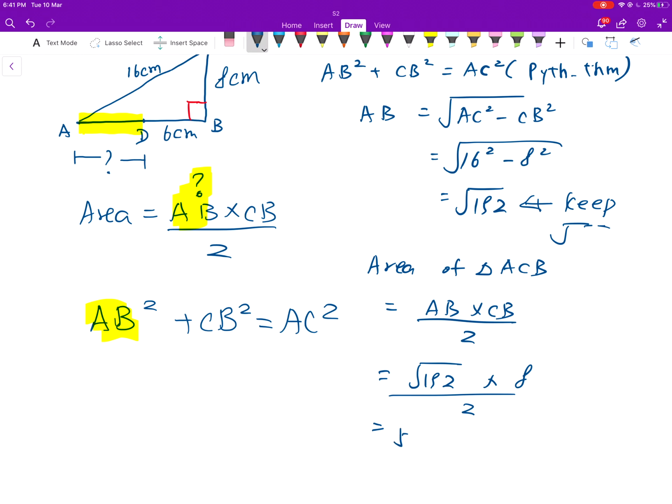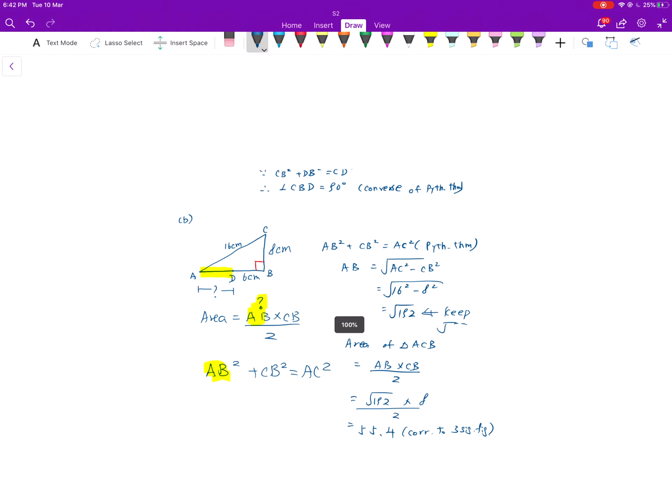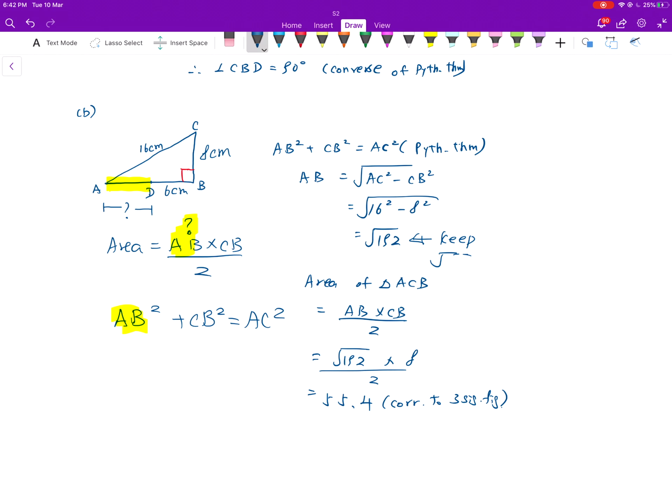Using a calculator, the answer is 55.4256 something. But as referred to in the question, we correct to 3 significant figures, so it is 55.4. Do you get it? Okay, so let's do some examples in exercise 10C.